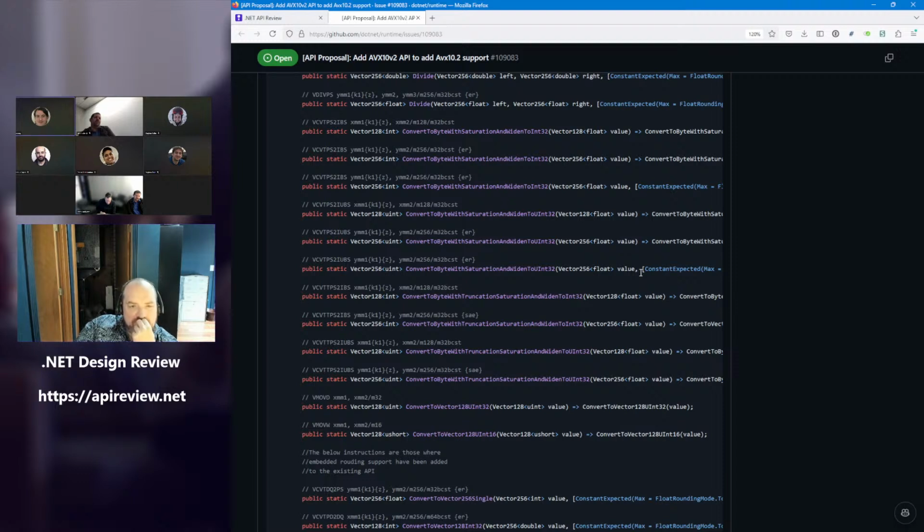Truncation is how C# does conversions from float to integers by default. So that name, it's not my favorite, and it's a bit confusing, but it mostly follows the same convention here. If we're converting to byte using truncation, we're saturating to the width of the byte and then widening to int 32.